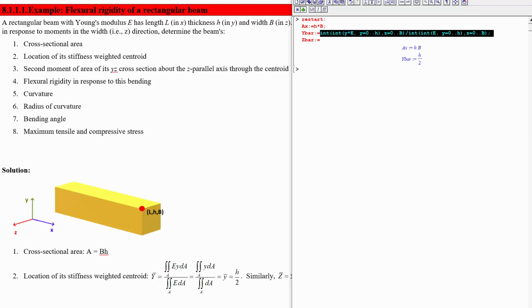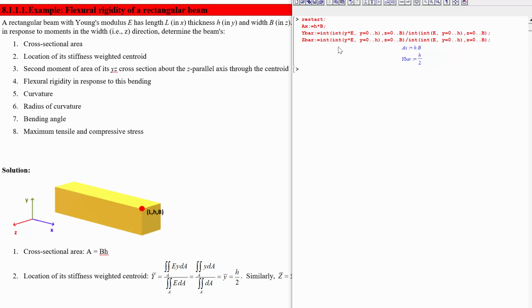How would we do things differently? Z bar, well, first of all, it should just be in the middle again because there's no z dependence in the stiffness. But how we would do it in the brute force method is we'd have the same weighted average, but it's not a weighted average of y anymore. It's a weighted average of z. So the thing that we're averaging, we would replace the function, which is just in this spot, has nothing to do with the rest of it.